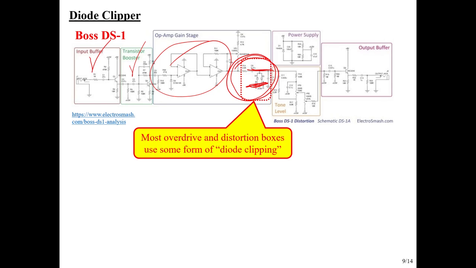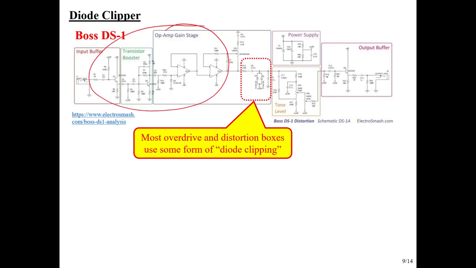It clips to that. So all of this stuff here is just getting the signal ready to be applied to this. So as you give more gain here, you're going to be more severely clipping the signal. But if you provide less gain here, you might just be barely clipping. In fact, the amount of gain that we have here might actually be an attenuation of the signal, but probably not.